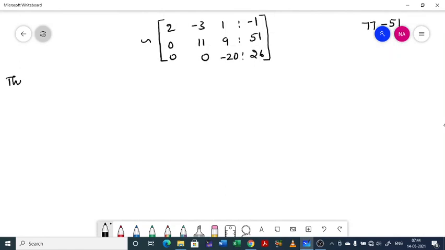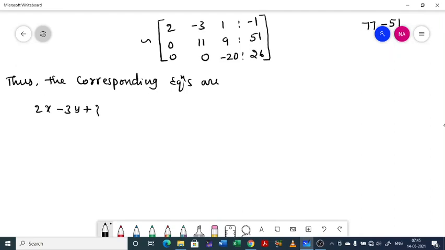Thus the corresponding equations of the system are 2x minus 3y plus z equal to minus 1, 11y plus 9z equal to 51, and minus 20z equal to 26.